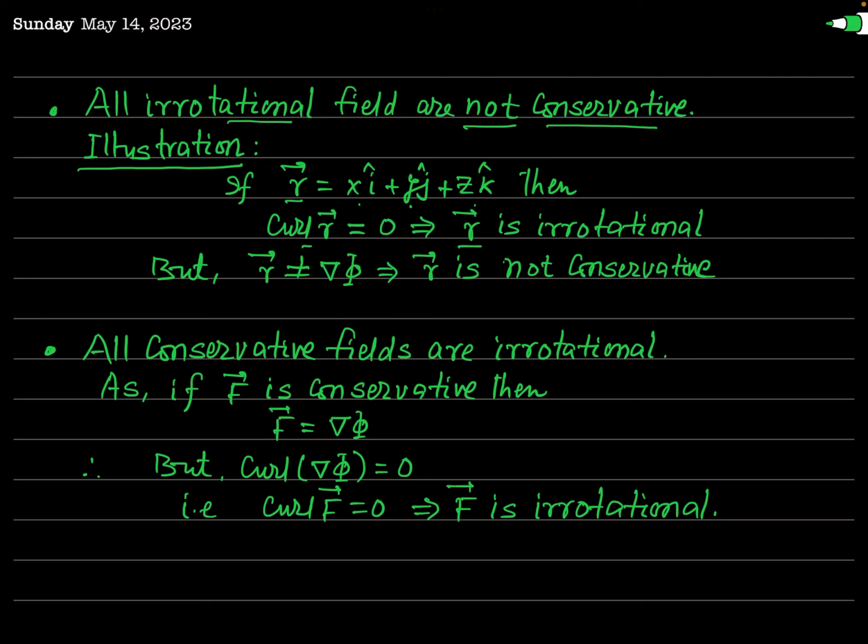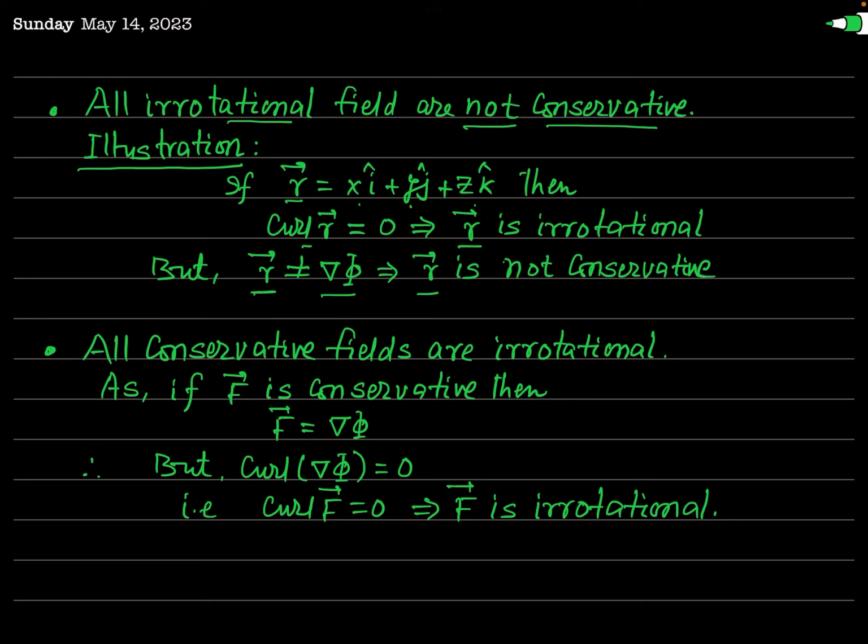But at the same time, it is not possible to express this vector r as a gradient of phi. It means r is not equal to gradient of any scalar function. And so this r is not conservative. So r, which is position vector, is an irrotational vector, but it is not a conservative vector field.